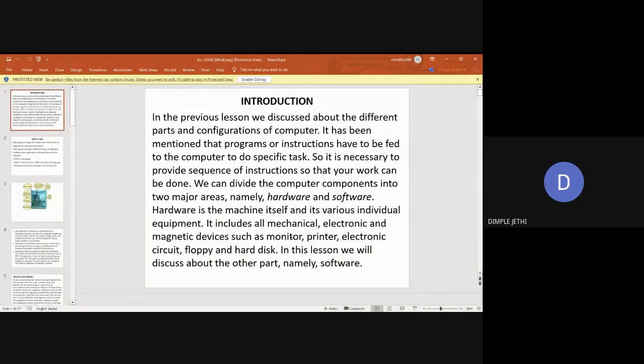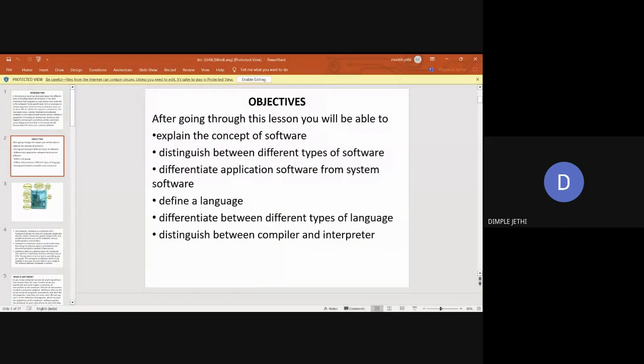So all the electronic parts, mechanical parts, all the magnetic devices, whichever devices are attached to the computer, whether it is, what is hard disk? Hard disk also comes under your hardware, the printer, your floppy disk, hard disk, everything comes under hardware.